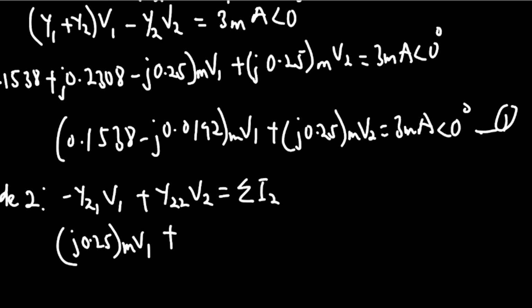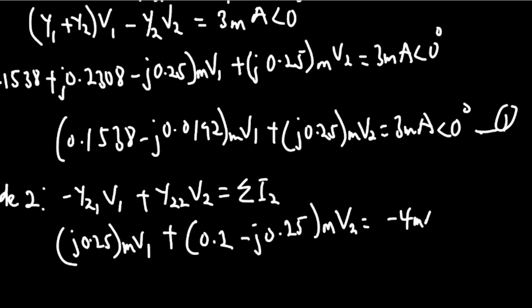So we write plus 0.2 minus J0.25 milli V2 equals negative 3 milliamps angle 0 degrees. That's our node equation 2.